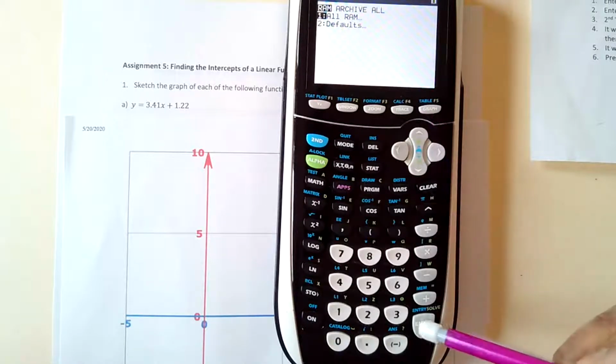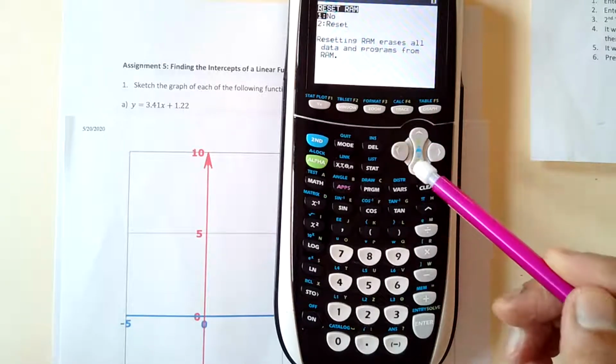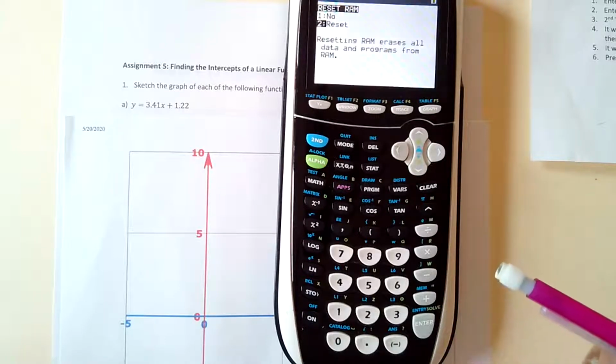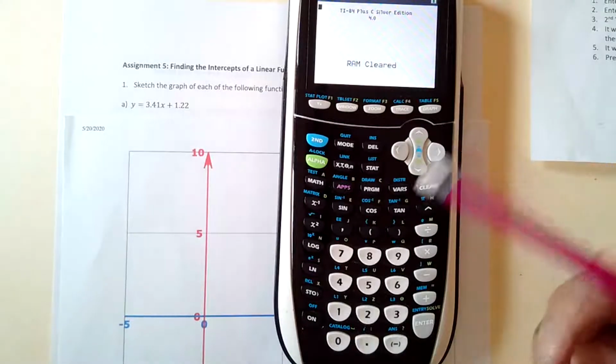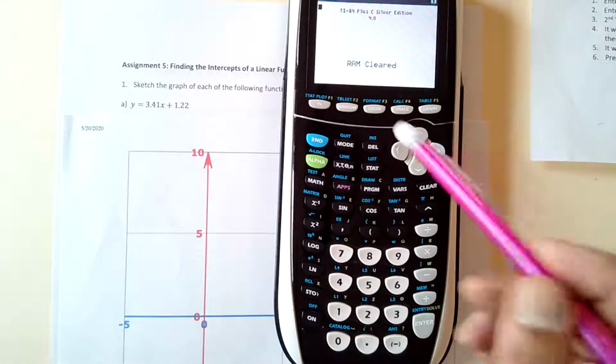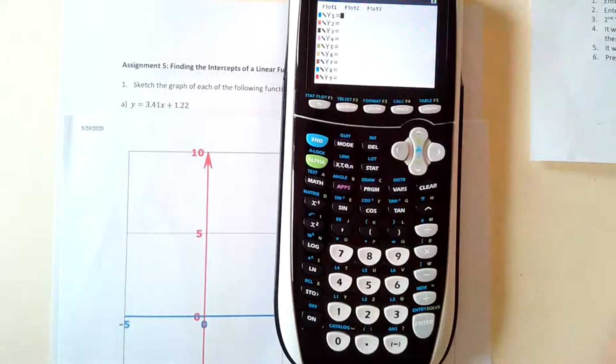Enter, press enter again, and go to number 2, reset. So that would clear your calculator of any information you had before. So now we're working with a clean calculator with no data from our previous work.